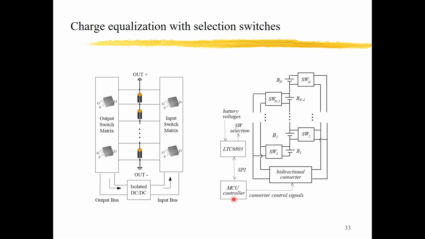We wanted to reduce the switch numbers, and maybe use diodes or inductors or capacitors instead. However, later we found that actually we don't have to reduce the switch numbers. The consideration is like this.